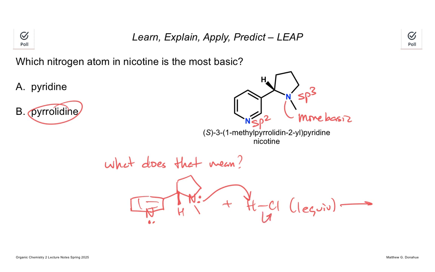So that gets protonated, the N gets plus, and then we balance it with Cl minus. So that's a salt.